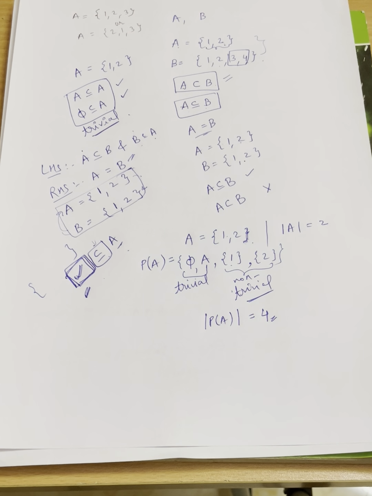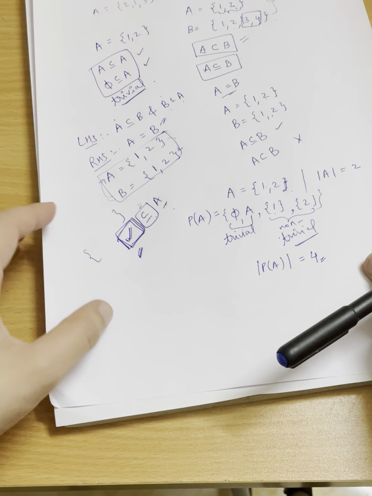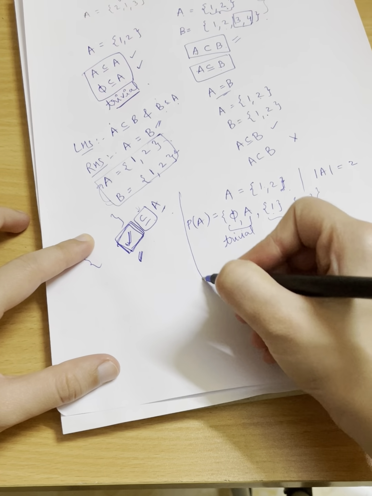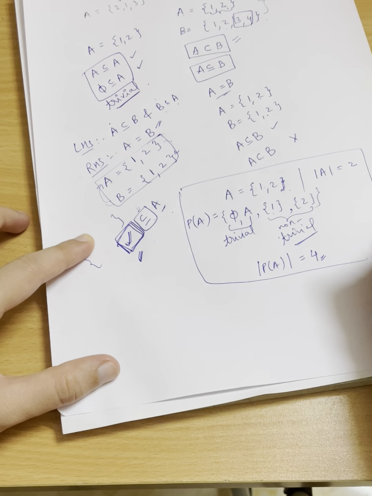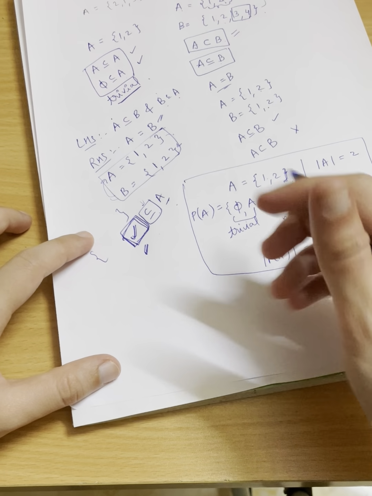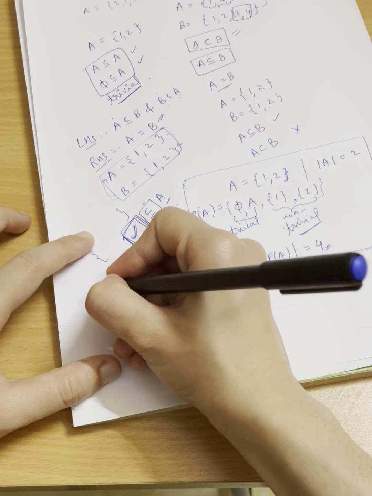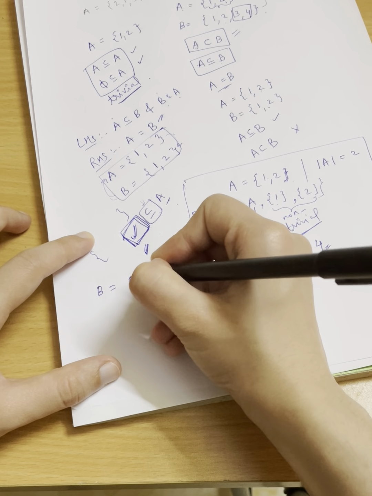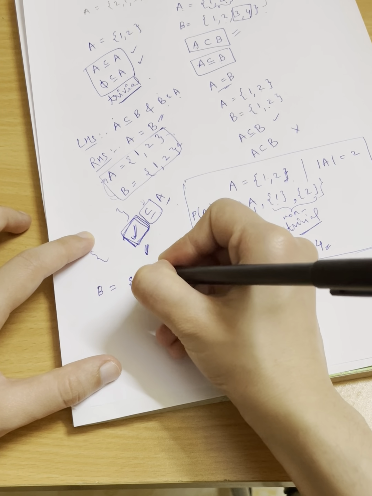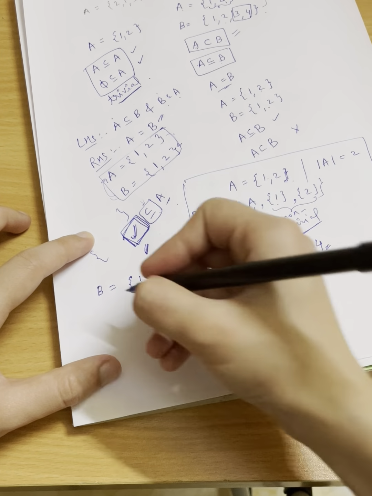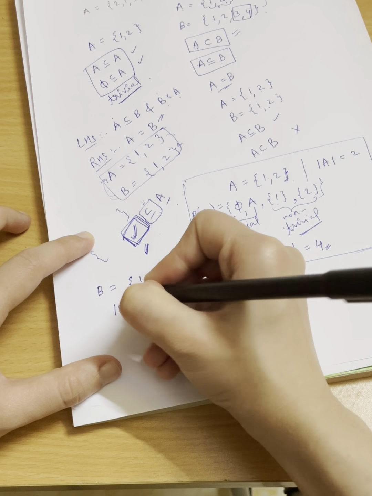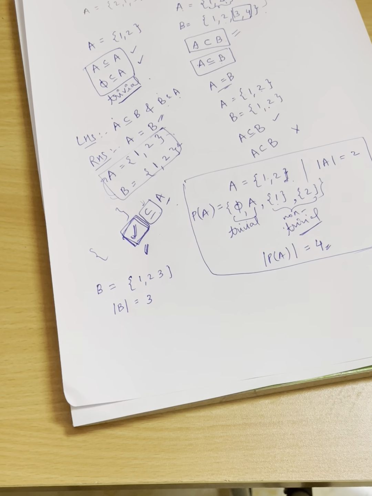If you try another example, let's take one more set B, which is {1, 2, 3}. There are 3 elements. So you can see the cardinality of B is 3.